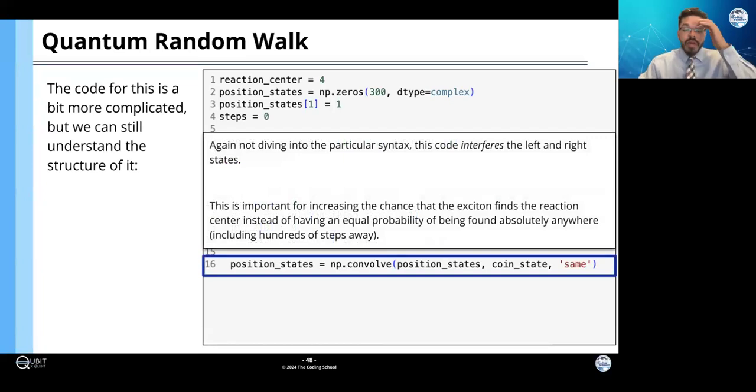Then this code, using that coin state, helps us interfere the left and right states. That quantum interference is important because it changes the way we think about the exciton having moved through the pigment molecules.